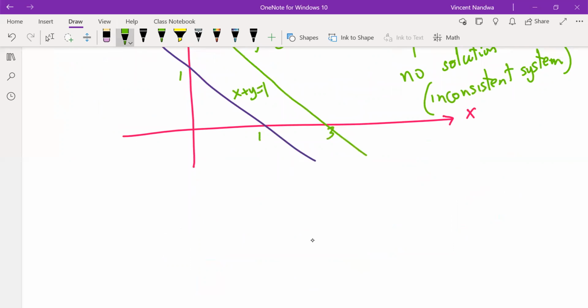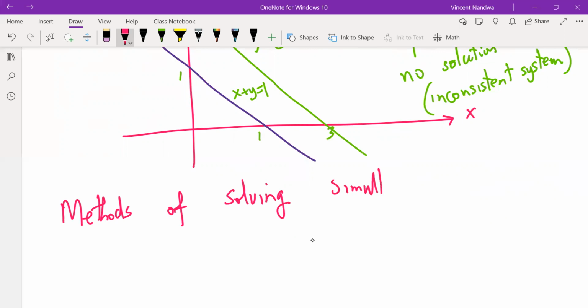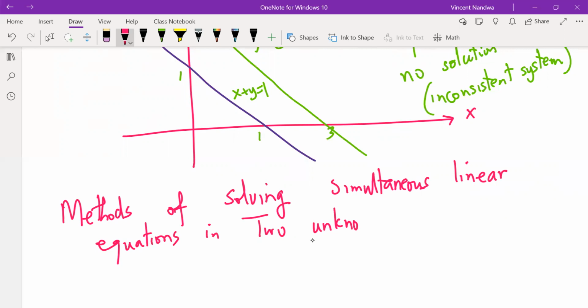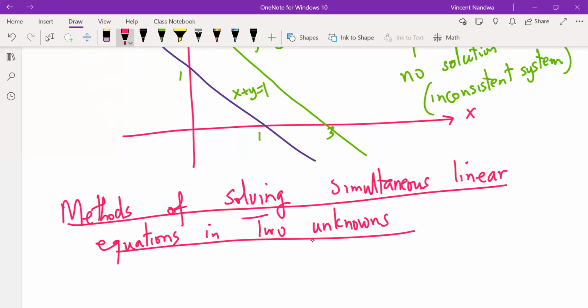So let's take methods of solving simultaneous linear equations in two unknowns.